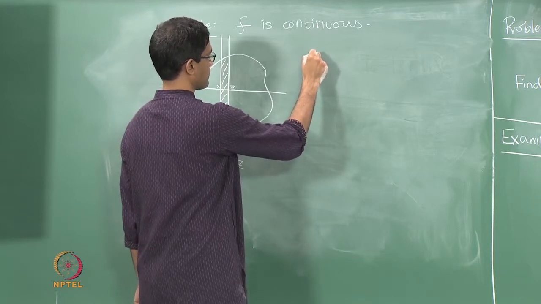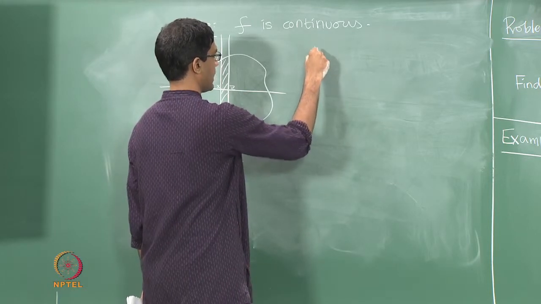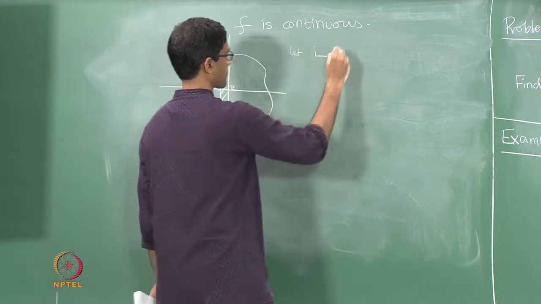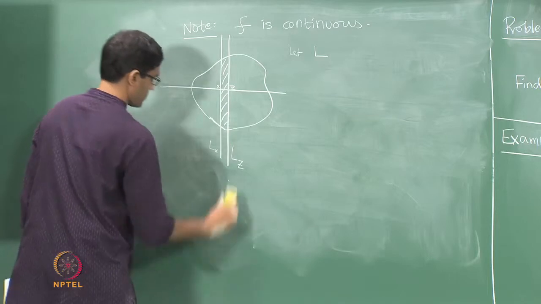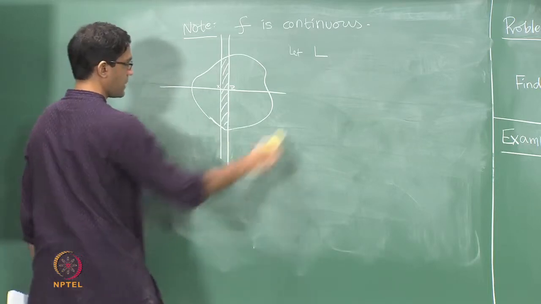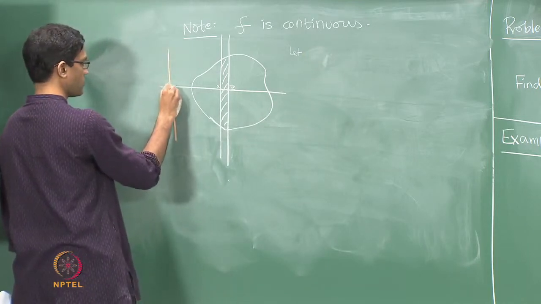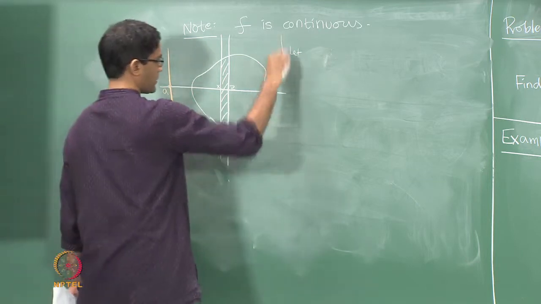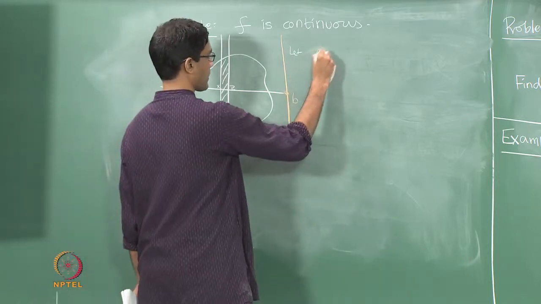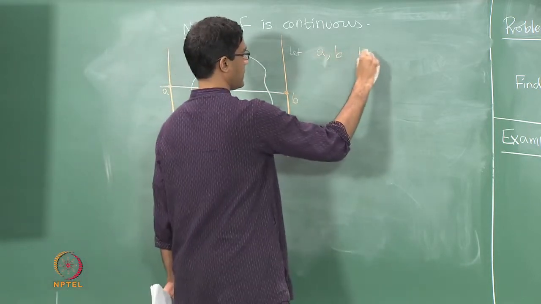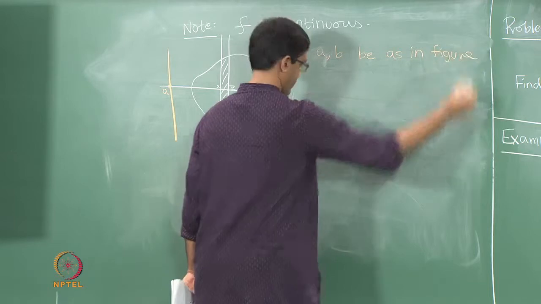So let A and B be the following. Let A be some x value that's much to the left of this region R, and let B denote an x value which is much to the right of this region R, as in the figure.